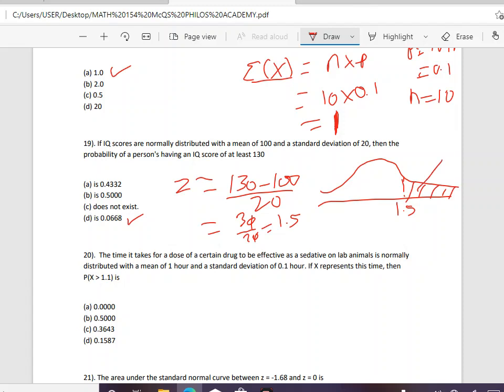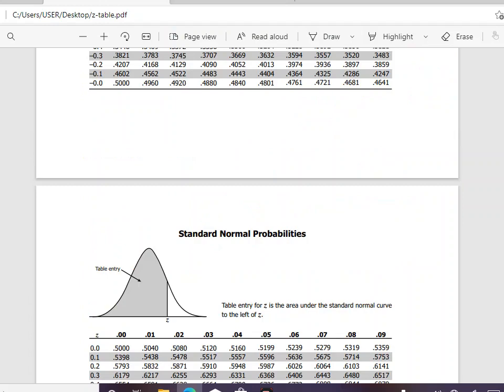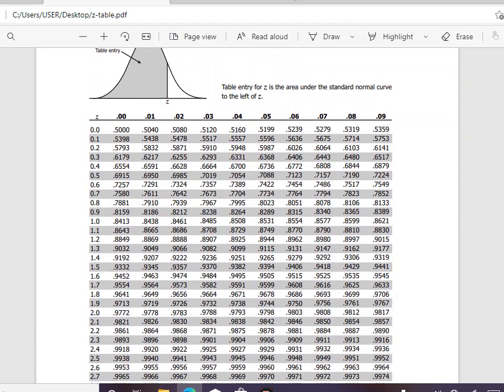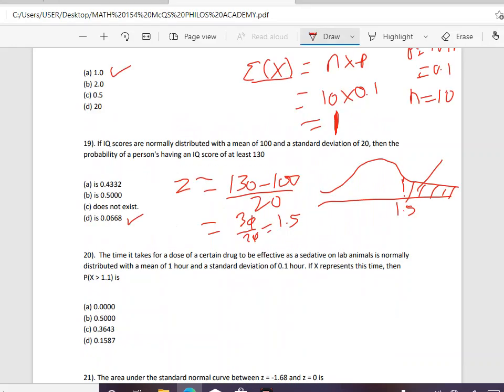So to get this area, 1.5, we go to the z table and we check 1.5. 1.5 gives us 0.9332. So meaning this place is 0.9332. So 1 minus 0.9332 gives you what? 0.0668. So the answer is D.